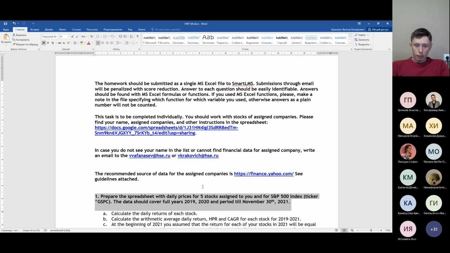Yes, and when you download the data on the stocks, there are multiple prices available to you. There is close price and there is adjusted close price. The difference between those two is that adjusted close price includes information on the stock splits and the dividend, and adjusted price is a better representation of the total earnings that we have on our investment in the stocks, because it includes dividend and the splits of the stocks.